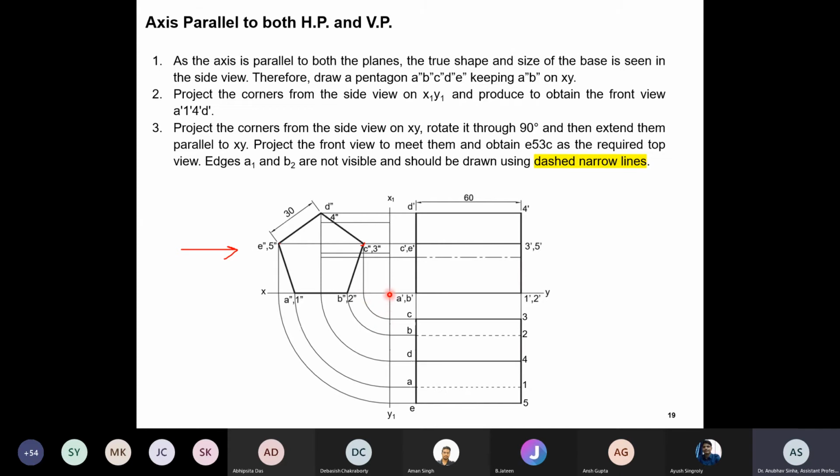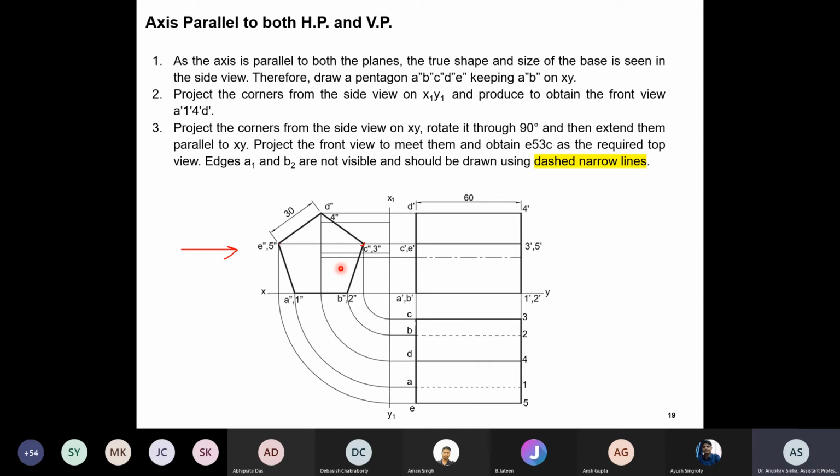Similarly, with the center fixed here, make another arc, take this as a radius, mark another point, take another radius, mark another point. Basically what we are doing is projecting this line on this line. Now from here make parallel projectors and make this top view.